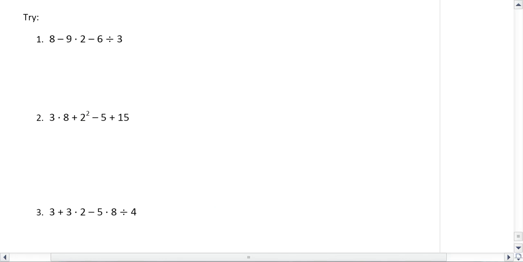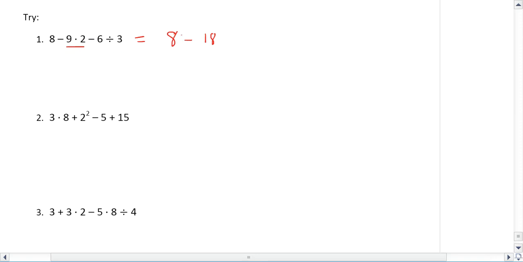All right, so let's try a few of these together. Looking at number 1, we start with a subtract sign. Showing your work for your assignment means something like this. We're going to do this multiply first. 9 times 2 is 18.